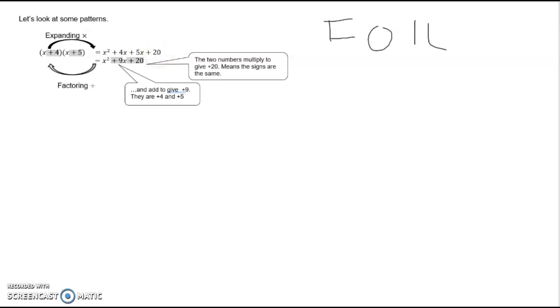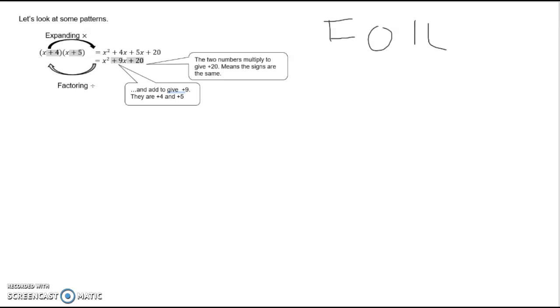Sorry about that. Now, after we have this line, x squared plus 4x plus 5x plus 20, what we need to do is simplify. If we have 4x's plus 5x's, we can add that up to give us 9x's. So the next line says x squared plus 9x plus 20.